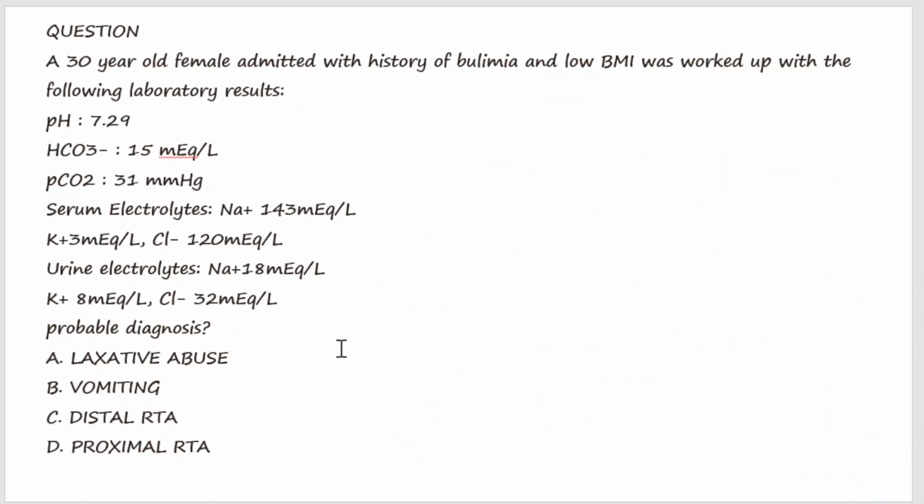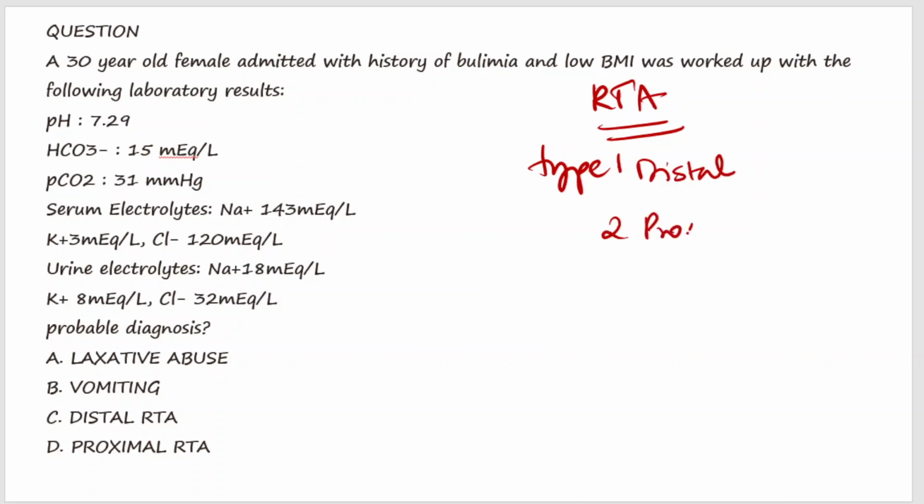Now what happens in a renal cause? The renal cause, what have we said? It is renal tubular acidosis. Type 1 is distal renal tubular acidosis, type 2 is proximal renal tubular acidosis, and type 4 is due to increased aldosterone.